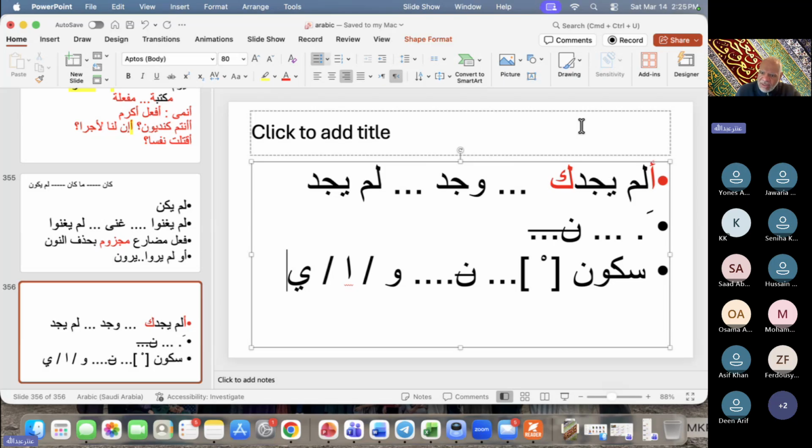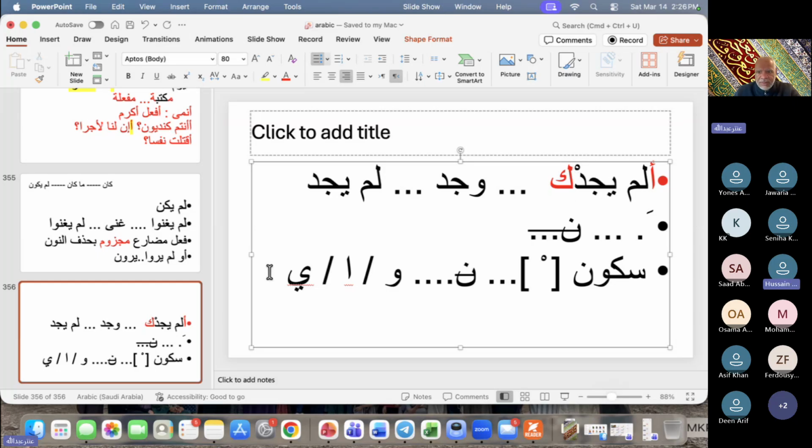So ألم يجدك, this is by sukun. It has got sukun on the dal, يجد. The sukun was placed here because lam controls the verb. When lam controls the verb, it becomes majzoom, and it becomes majzoom with sukun.